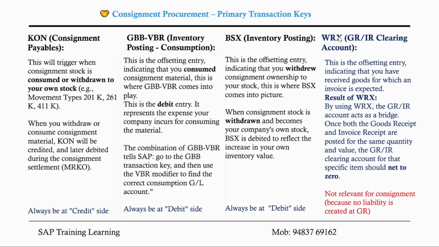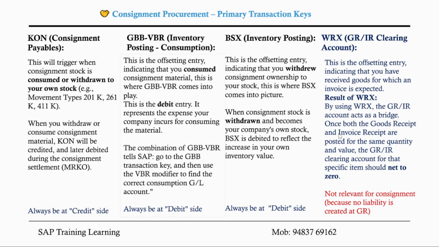Whenever you talk about an offsetting entry, it means you took something, you consumed something or took something from somewhere, and for that you have to offset. You have received goods for which an invoice is expected, right? So the result of WRX: by using WRX, the GRIR account acts as a bridge.